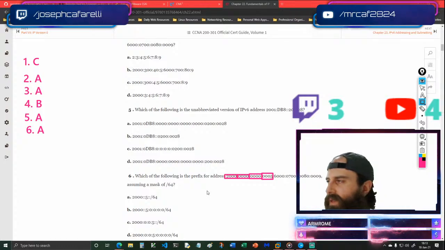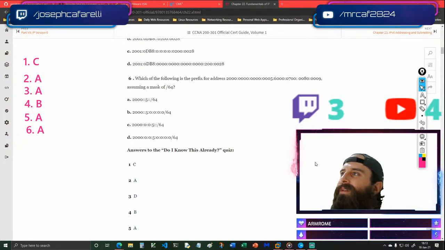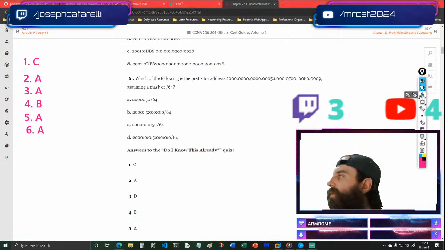And then obviously we can abbreviate all these zeros out. I believe that's how IPv6 does it. I could be wrong. I've been wrong before. This is how we learn, guys.